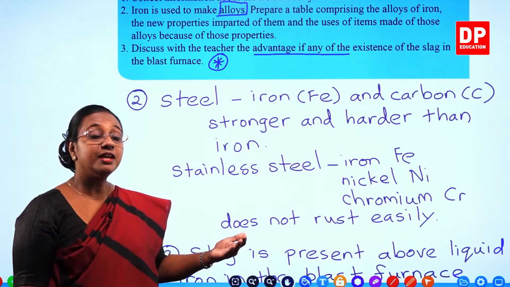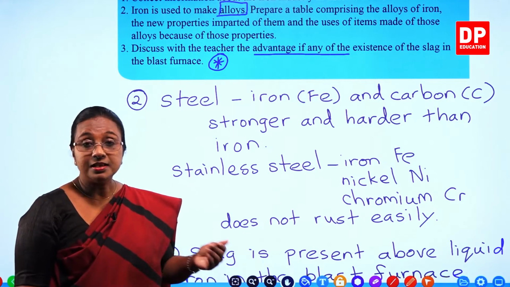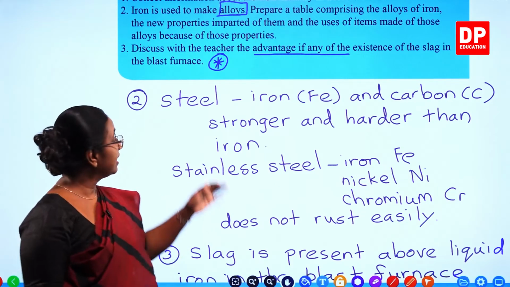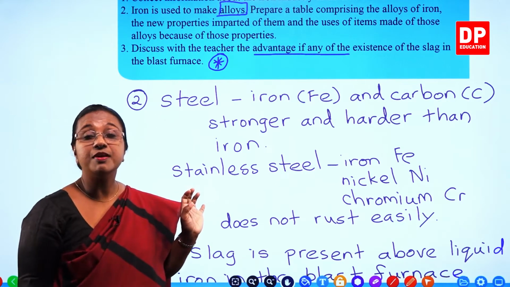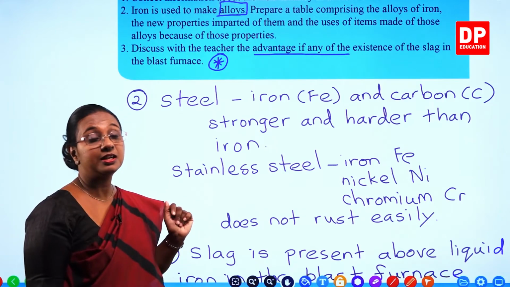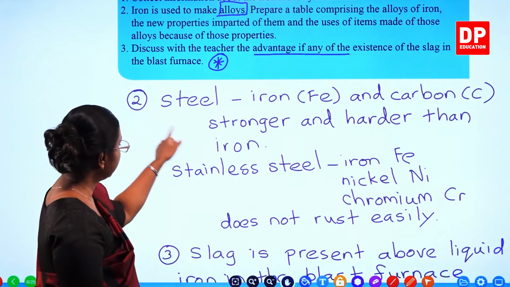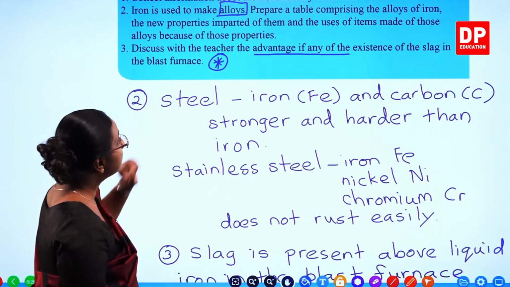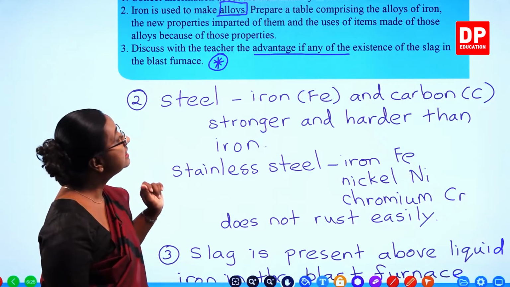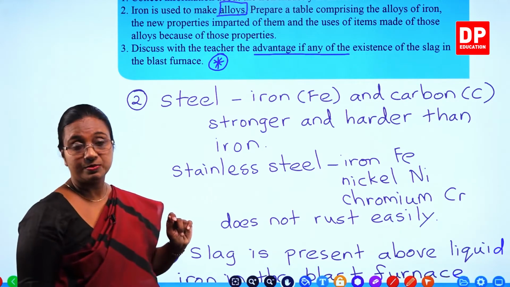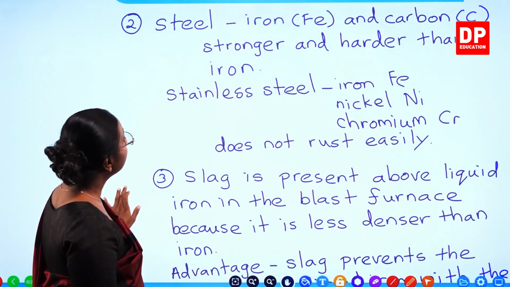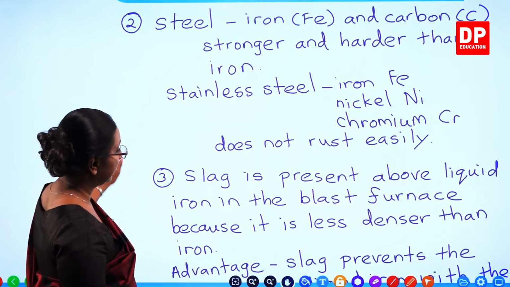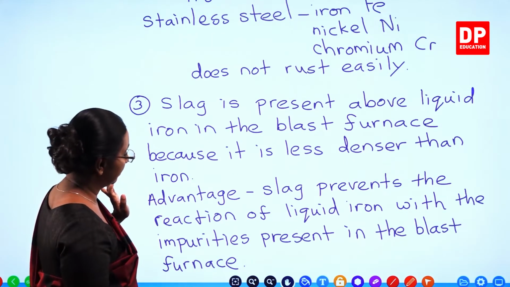Even marine grade steel, then there is the surgical grade steel, like that. There are different types of steel and different alloys of iron. So steel and stainless steel. Then the advantage of existence of the slag in the blast furnace, that also I have told you all, but again here I have given the explanation.